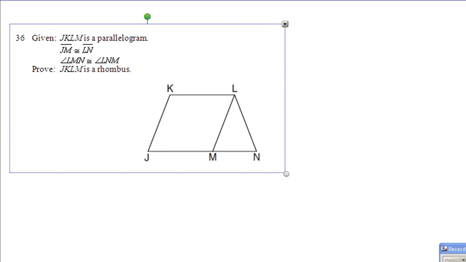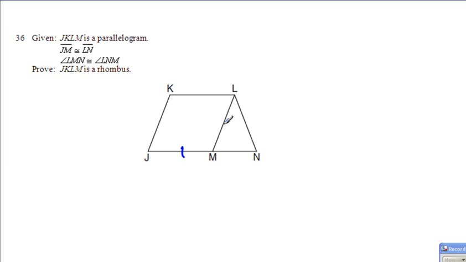Now, number 36. We have this one as a parallelogram. For this question, I'm just going to explain. I'm not going to write down step by step. I'll do that in another exam. Here we have JN, which is this one, is congruent to LN. Now, it's a parallelogram given. The angle LMN must be congruent to angle LNM.